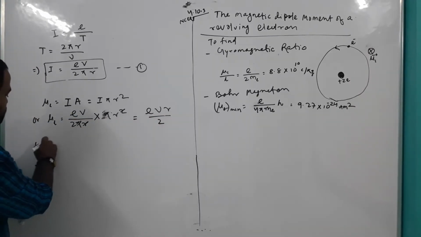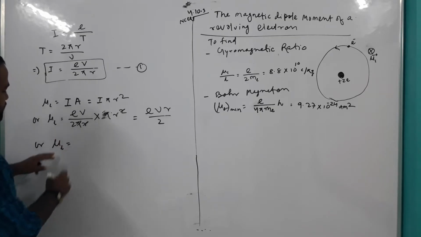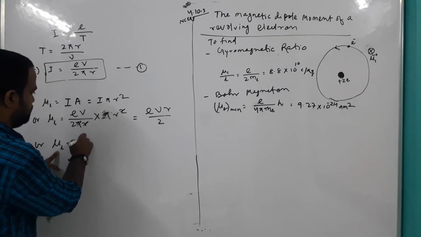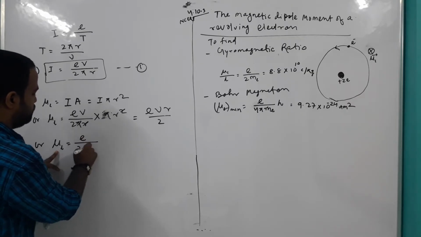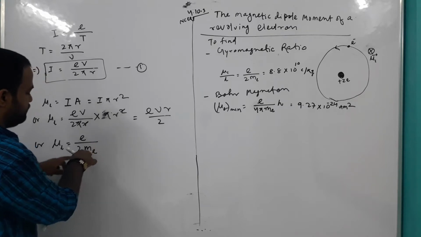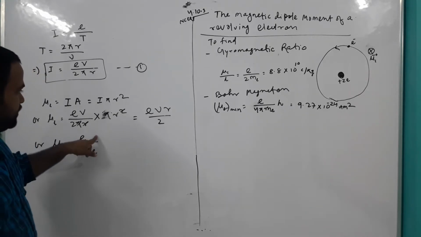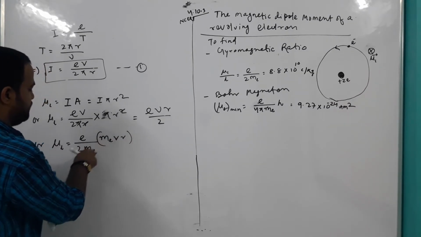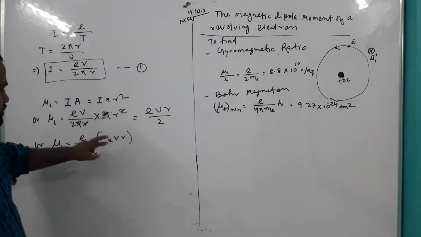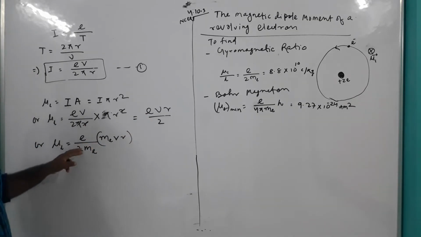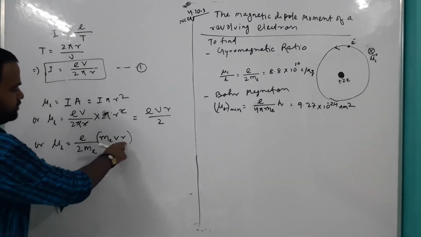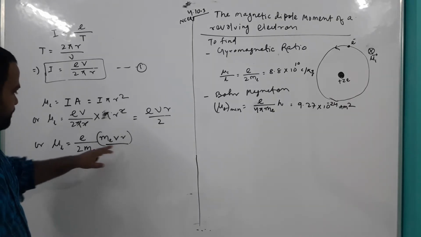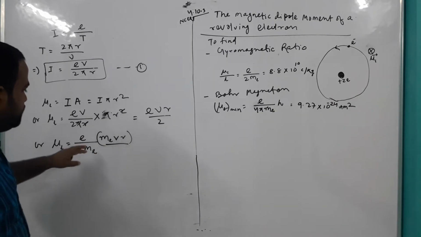So now your mu L, or magnetic moment, will become e upon 2 m e, where m e is the mass of the electron, which I multiplied in the denominator and in the numerator, times m v r. The rest of the things are the same. m v r is your angular momentum, and e upon 2 m e will be a constant.